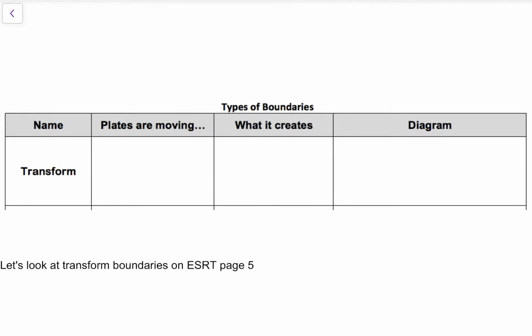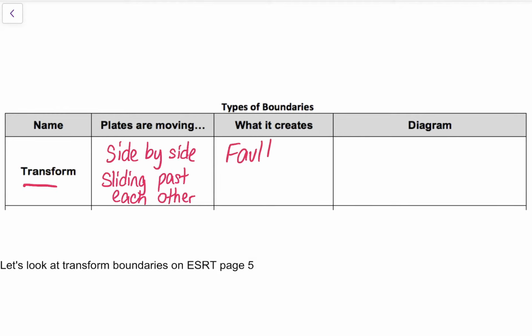Let's fill in our notes for transform plate boundaries. For a transform plate boundary, remember, the plates are moving side by side, sliding past each other. What does it create? At a transform plate boundary, we call it a fault, like the San Andreas Fault in California.